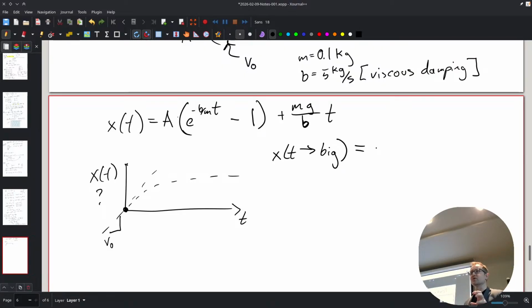What happens when t is big? Not infinity, I'm not trying to take a limit here. A big number can mean different things, really depending on only one thing, but we can get to that. So as t gets big, what does this thing look like?